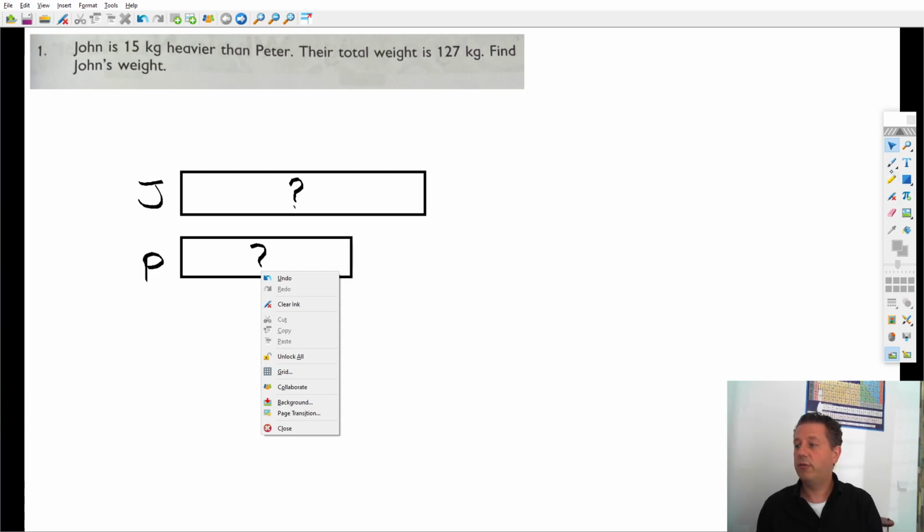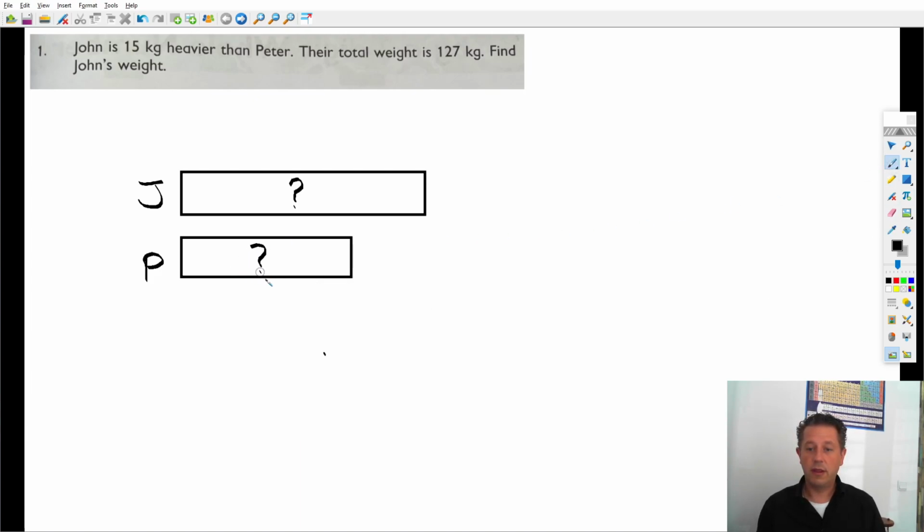The only thing we do know for certain is that Peter weighs 15 kilos less than John, which means the difference between this bar and this bar is 15 kilograms. We also know that both of them together combined is 127 kilograms. So this is the information we're provided.